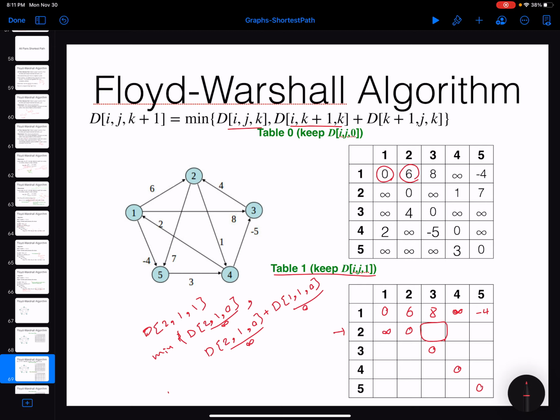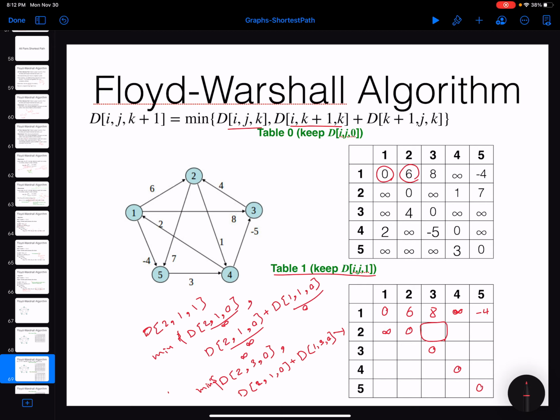So this is going to be the minimum of cost of 2, 3 using no other node, and 2 and 1 using no other node plus 1 and 3 using no other node.